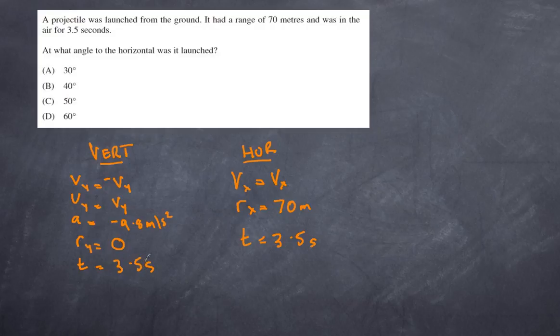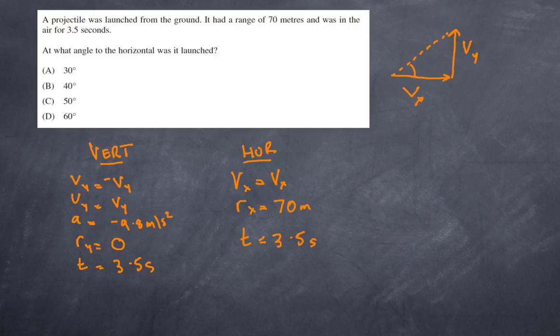Now, with that in mind, we can solve it mathematically. If we work out the horizontal velocity and the vertical velocity, we can combine those two to work out the angle, because the horizontal velocity is going to be Vx and the vertical initial velocity is going to be Vy, and by using simple trigonometry, we can work out the angle.